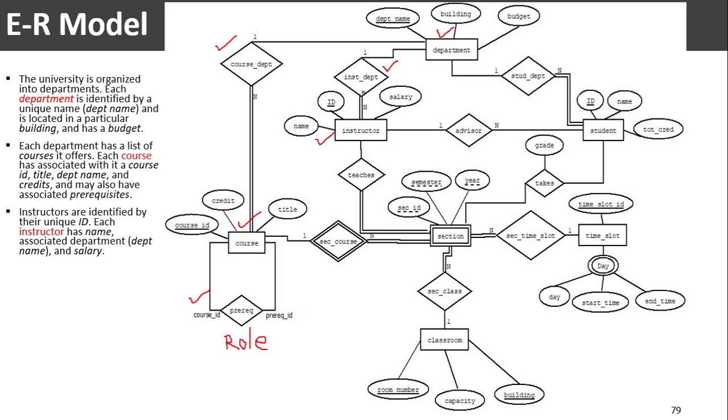Okay, and we have denoted now the cardinality and the participation of the entity sets. Okay, why is this partial participation here towards department? Because it may happen that a new department is being established and there is no instructor appointed yet, right? So it may happen that there is a department which is not participating presently in this relationship set. Okay, so here it is mentioned as partial participation.